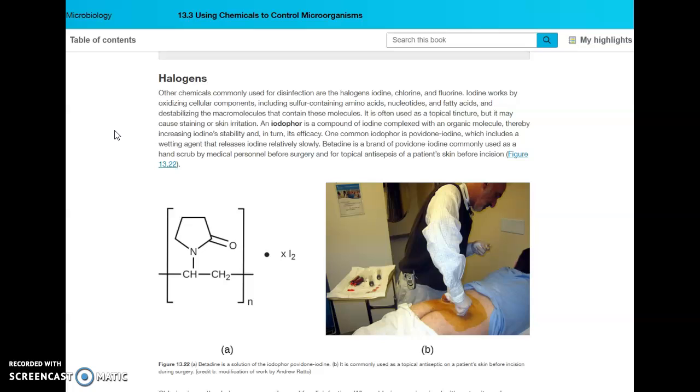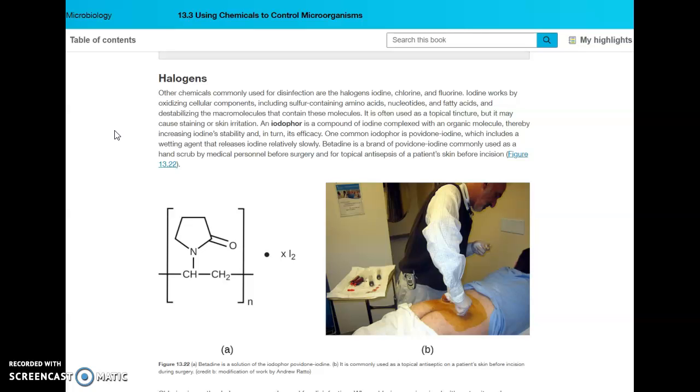Chlorine and fluorine are often not used on the skin, but iodine can be. It can be used as a tincture, mixed in alcohol. Or it can be used as what we call an iodophore, which is when we take iodine and mix it with an organic molecule like a sugar or fat or something like that, which increases its stability.